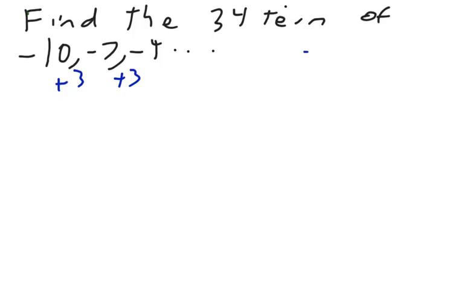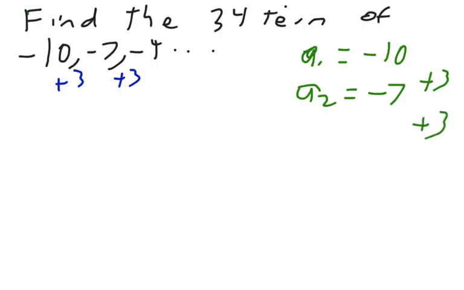So over here I'm going to put down a sub 1 is equal to negative 10. To get my second number, I added 3. To get my third number, I added another 3. And to get my fourth number, I added another 3.